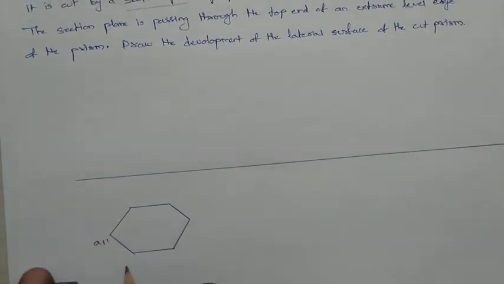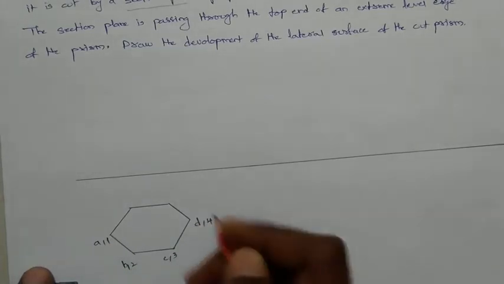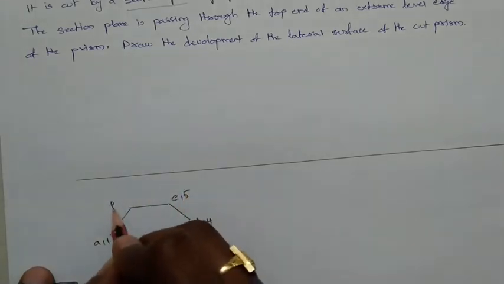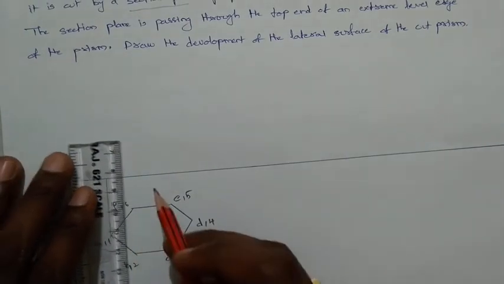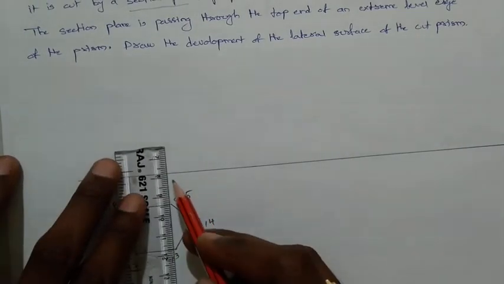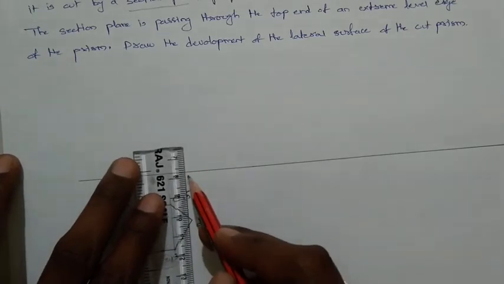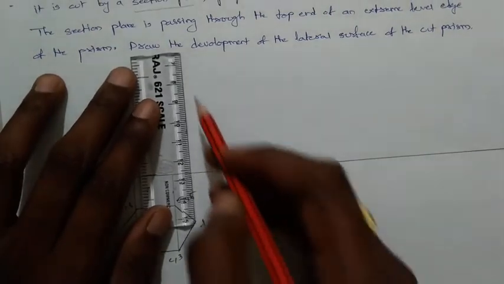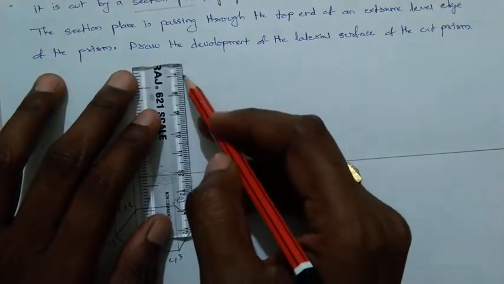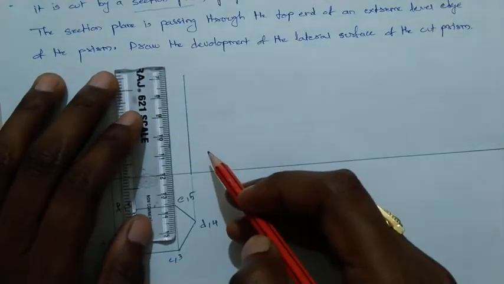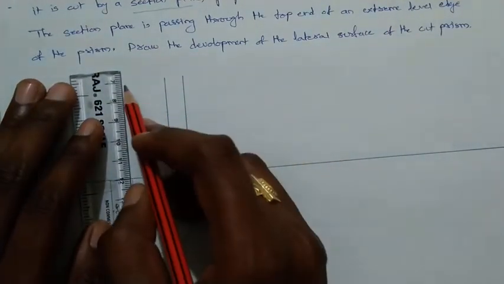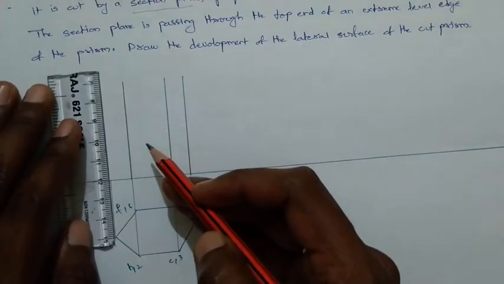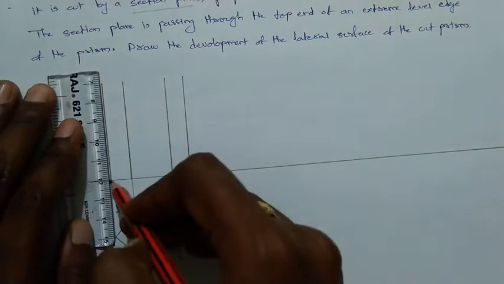So A1, B2, C3, D4, E5, F6. Then project all the points to get the front view. So this is how you are going to get the front view in the case of a hexagonal prism.